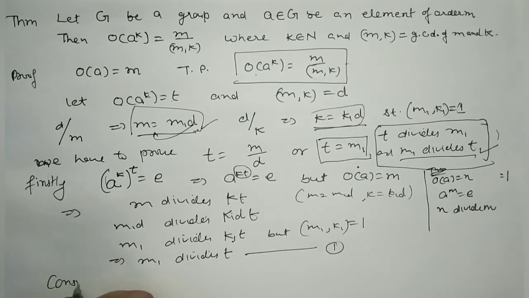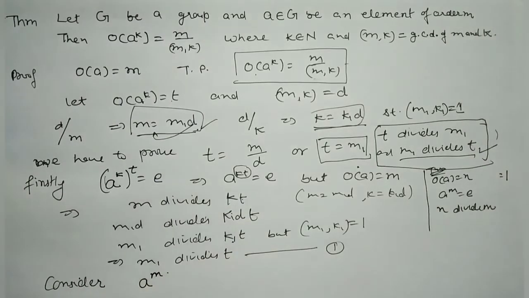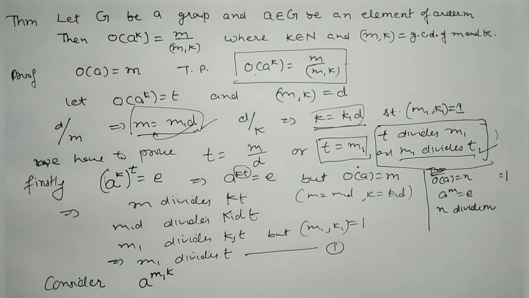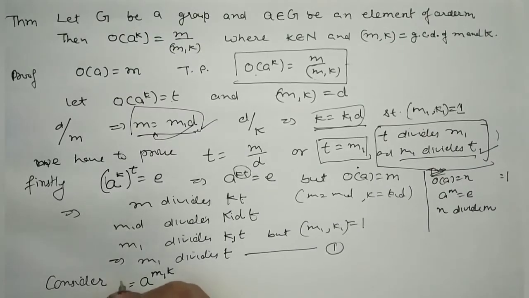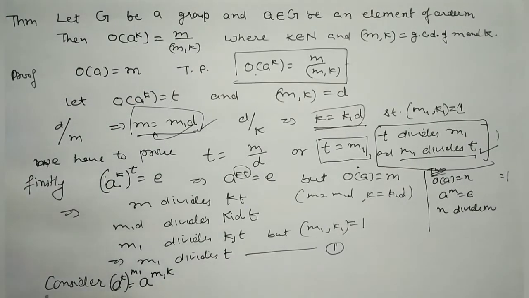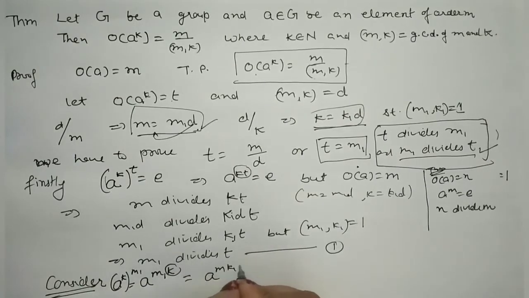Now consider a raised to power m1 into k, or you can write it like (a raised to power k) raised to power m1. We have to consider this step. It will be a raised to power m1k, and we are going to put here the value of k, which is k1d.